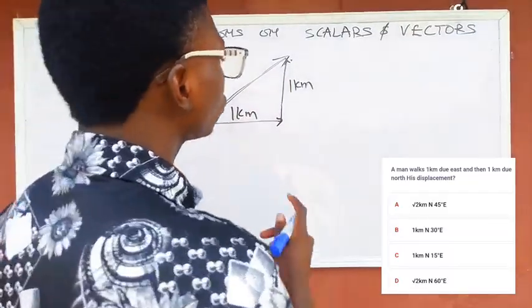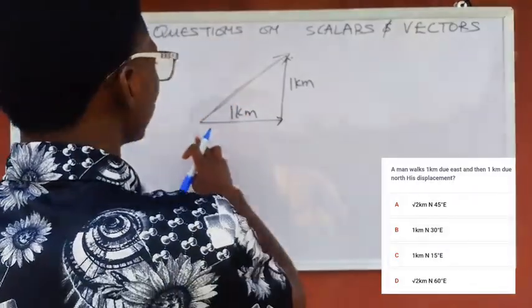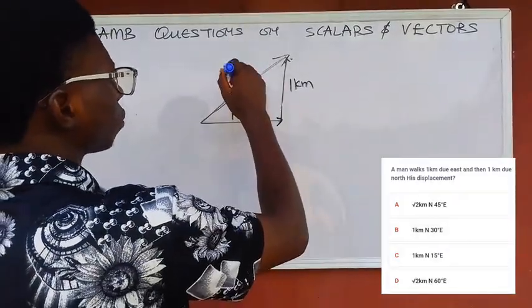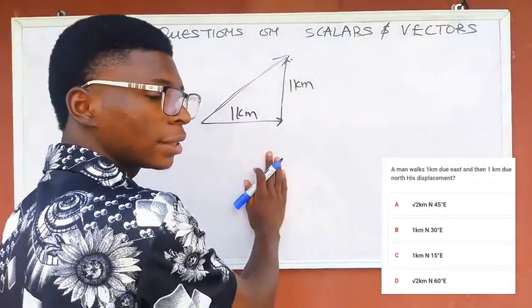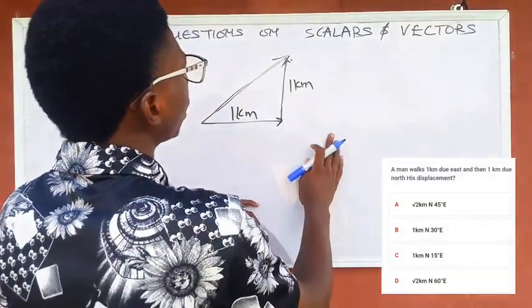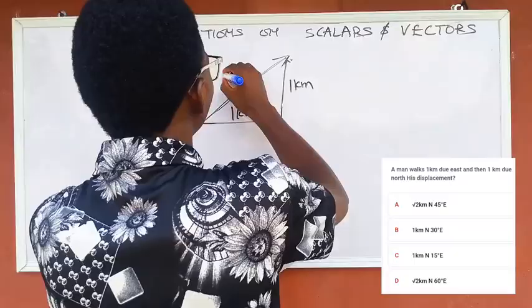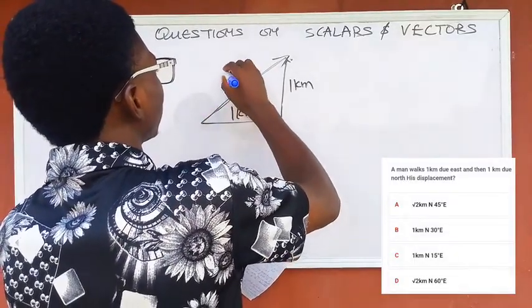So now I'm going to use Pythagoras theorem to solve this question. You know, this is the hypotenuse and this is the adjacent or the opposite. So now this resultant or displacement, let me just write displacement.